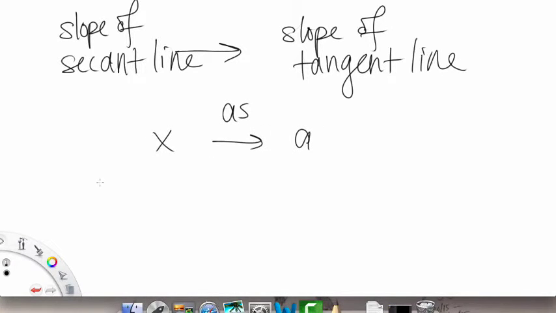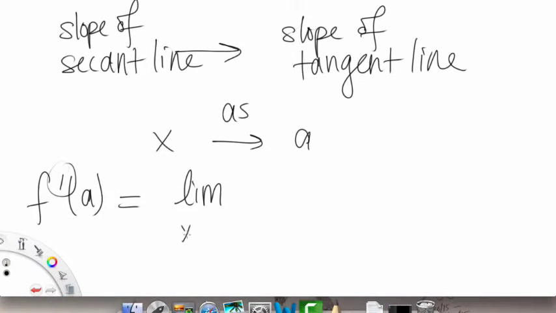Here we're going to have one definition of the derivative, because there are a couple. The first definition: f prime of a, the derivative of f evaluated at a, is equal to the limit as x approaches a, so as x is getting closer to a, of the slope of the secant line.